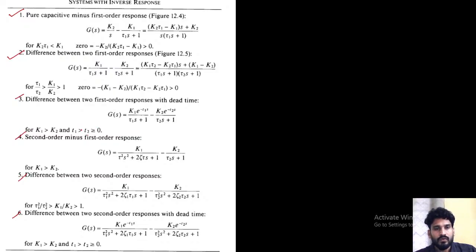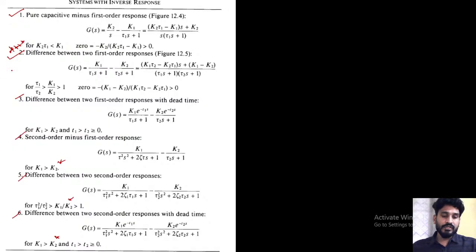Okay, so if you want, you can remember 3 and 4 because the condition is same: K1 greater than K2. That's it. This is also K1 greater than K2, and this is also K1 greater than K2. So you can say that this is the common condition. You can remember K1 is greater than K2. It's clear. But this is basically important, which is asked multiple times.